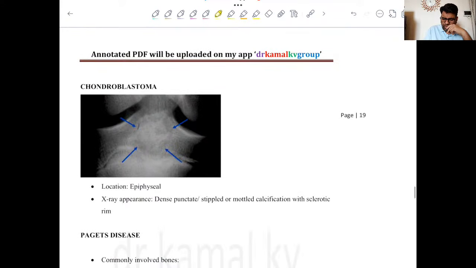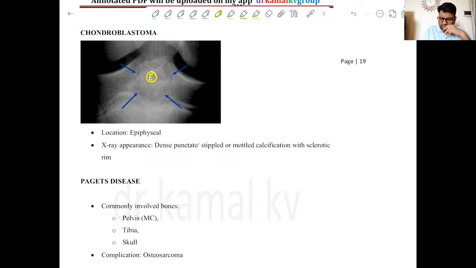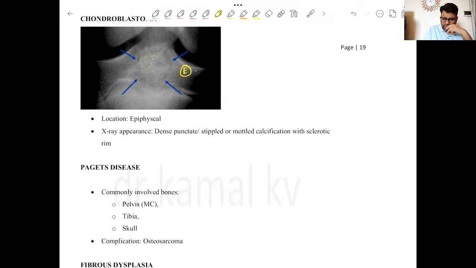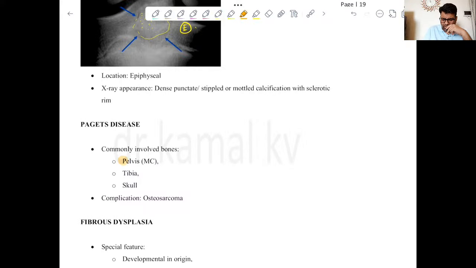Then chondroblastoma, it originates from epiphysis, and we can see dense punctate mottled calcification, right? So what we can see is calcification here, and this is of course the epiphyseal region. So this is chondroblastoma, and there is a sclerotic rim. Then Paget's disease, it usually affects pelvis, tibia or skull, and the only problem is that it can sometimes convert into osteosarcoma.